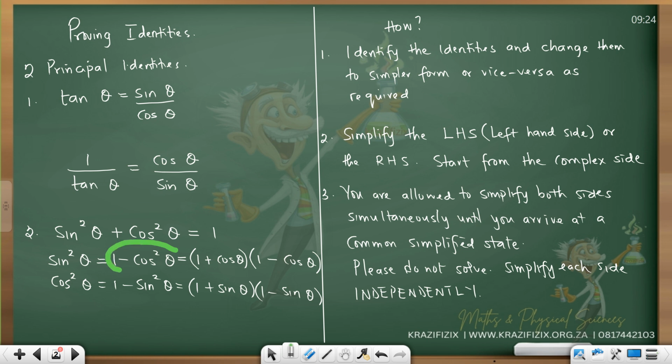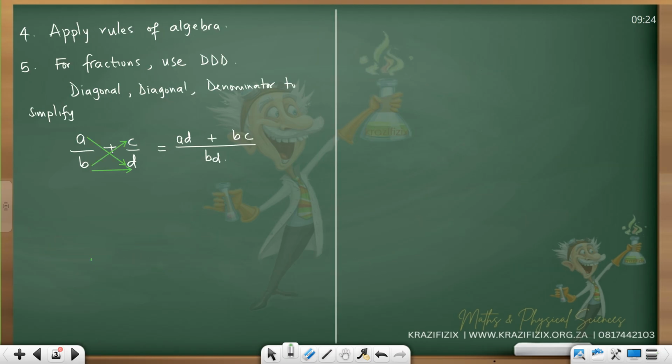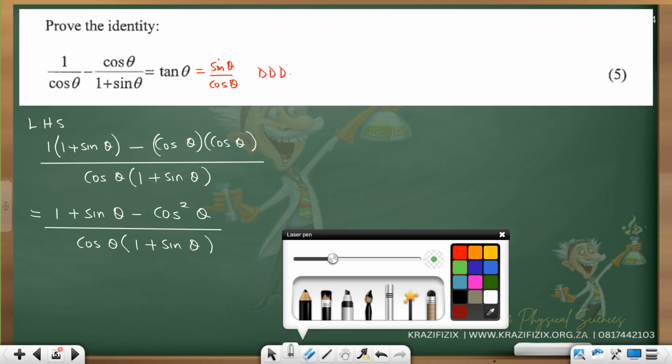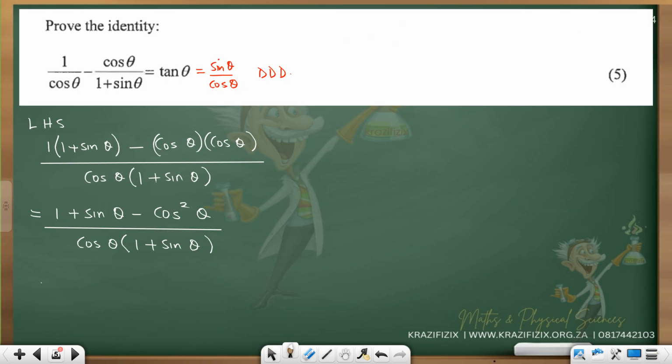Do you see that? What is that? Sine. I want you to start seeing that. Have eyes for that. 1 minus cos squared is sine squared. I don't want us to always change the 1. We must now start moving. Okay, so this would become sine theta. 1 minus cos squared is sine squared.